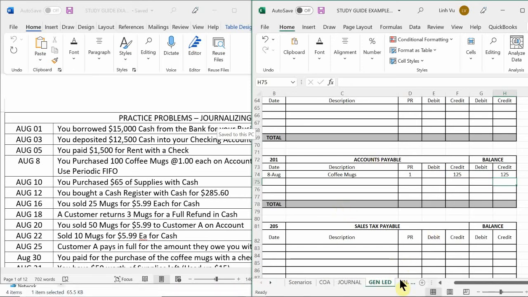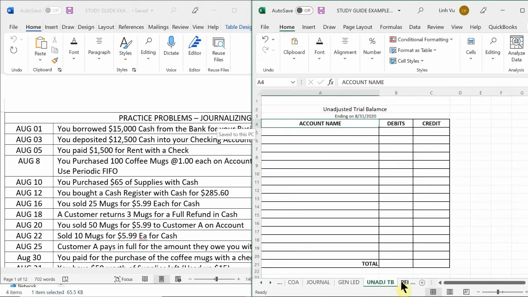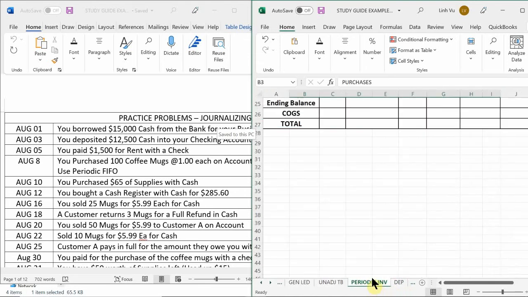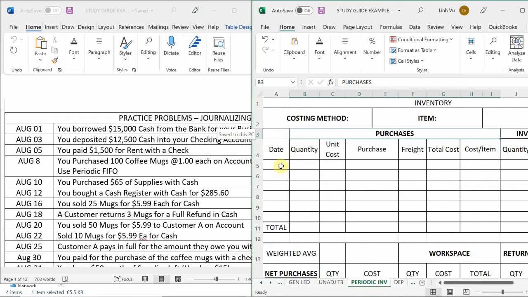You're also responsible because I also provided you the periodic inventory table as well. Okay, so making sure that you do fill it out if it's necessary. So quantity, how many items do we have? 100. Mm-hmm.